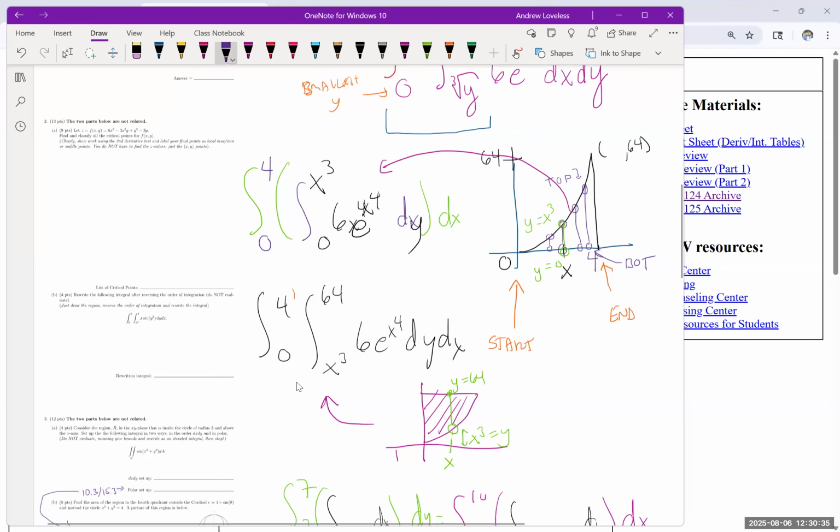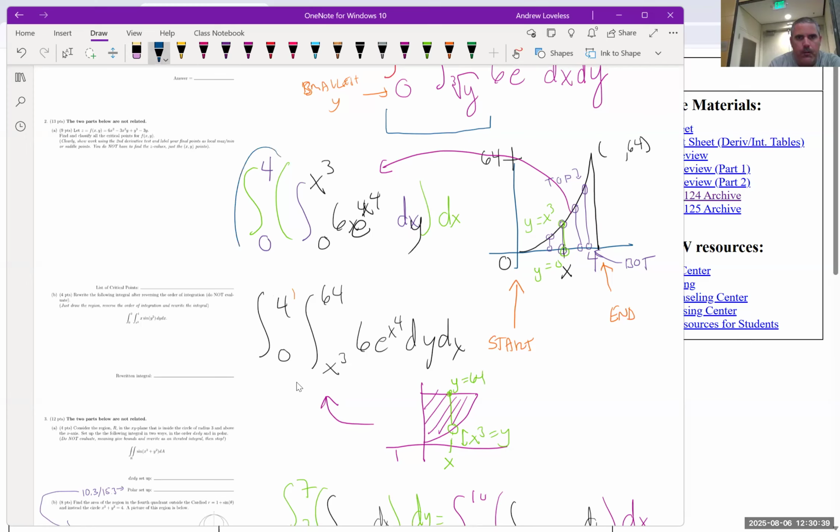One comment about that is you could pick a random number from here, like a 1, and substitute it in for your bounds and make sure the appropriate thing is bigger. If somebody had set this one up the wrong way and did 64 to x cubed, we can catch that, because we're finding a pattern for how far to go based off of x.